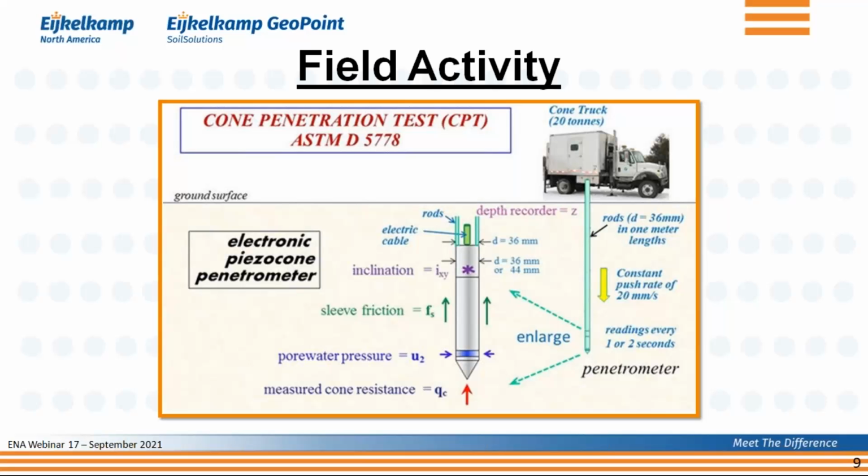And that is being done in accordance with, here at least in North America, the ASTM standard D5778, but it could also be in accordance with the ISO standard. But really, as I've explained in the past, there's not that much difference between those two standards.